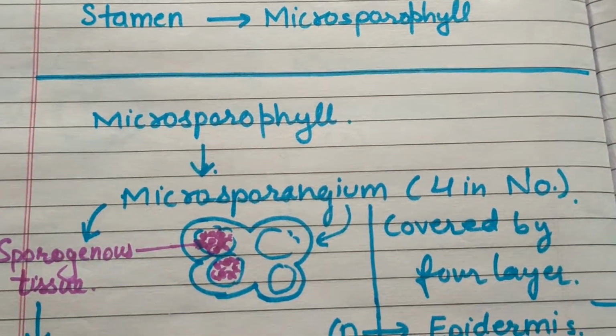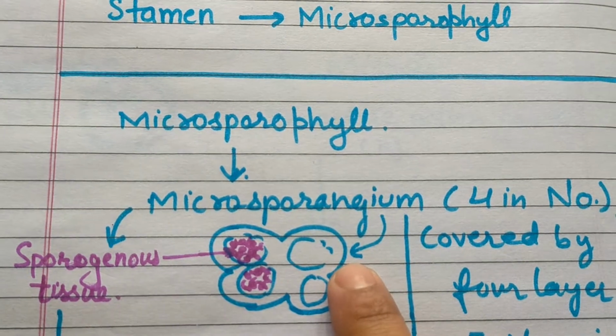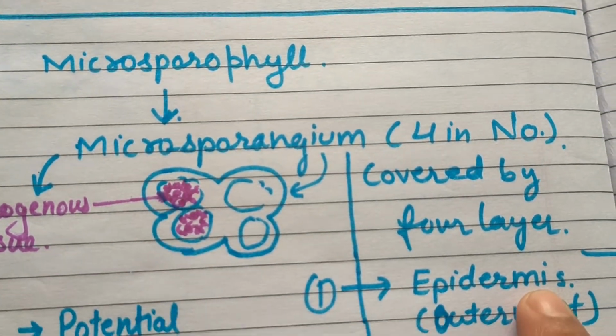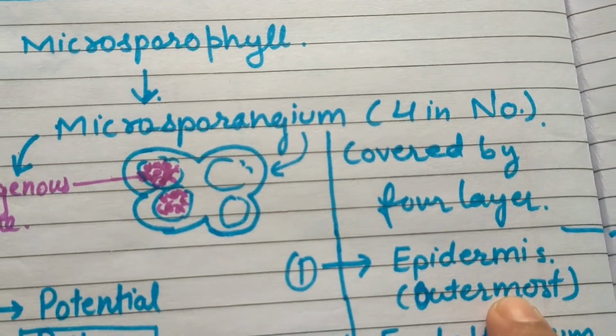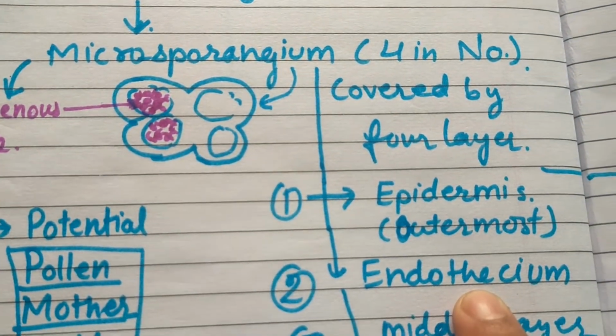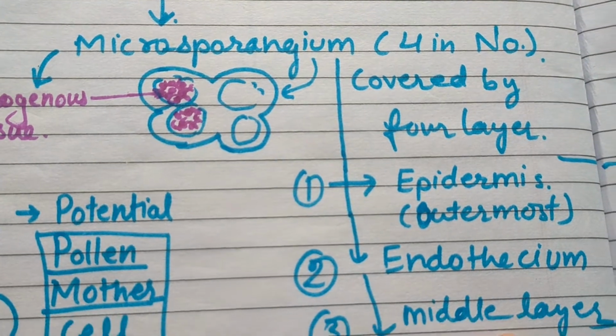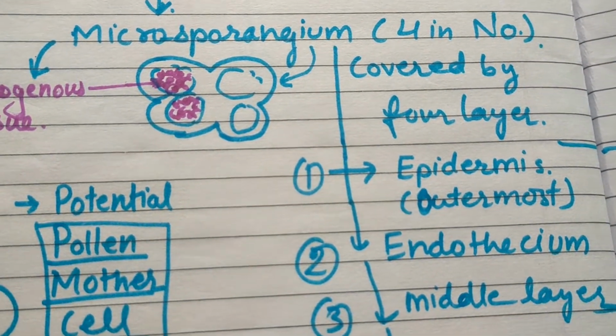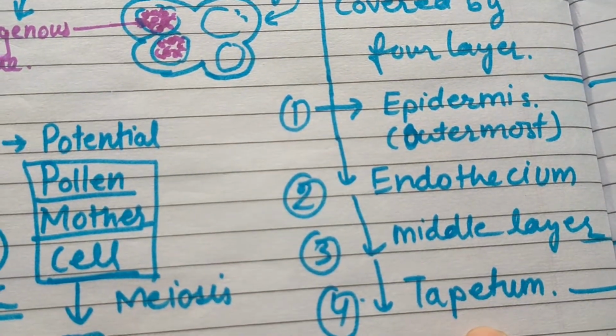And these 4 layers, if we start from the outermost region, the first one is epidermis, the outermost layer, and then the second one is endothecium, and the third one is the middle layer, and the fourth one is tapetum.